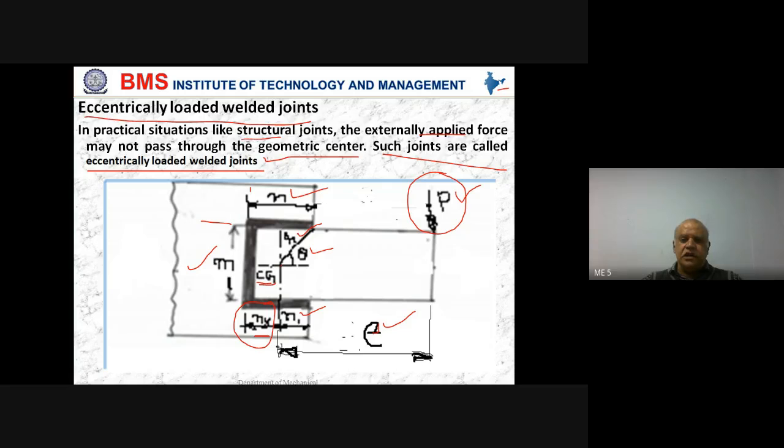Please note down the sketch clearly. R is the radius over here. This is theta. This is CG.